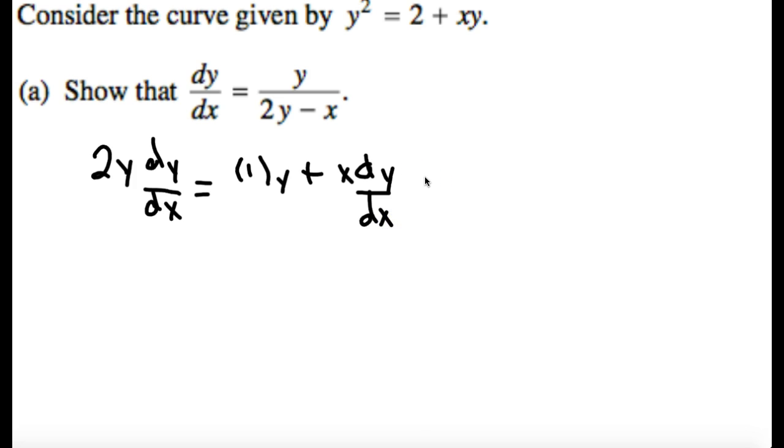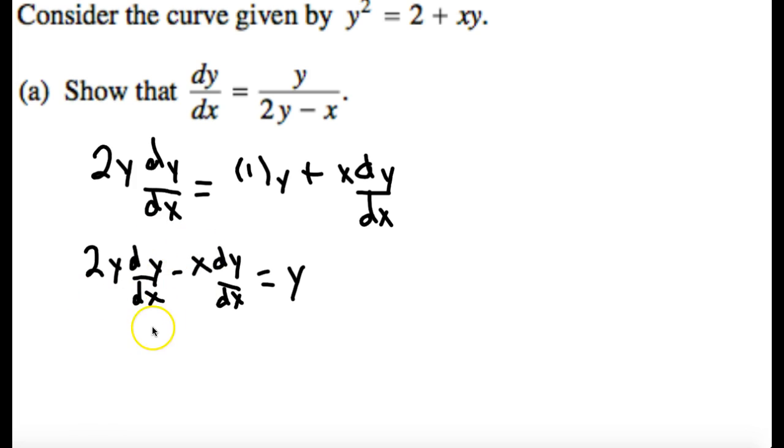So now I want to get my dy/dx's on one side and everything else on the other. So I'll go ahead and subtract this x dy/dx over to this side. So we'll end up with 2y dy/dx minus x dy/dx equals y.